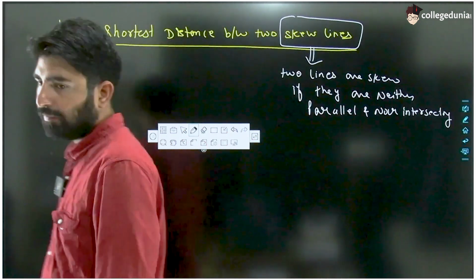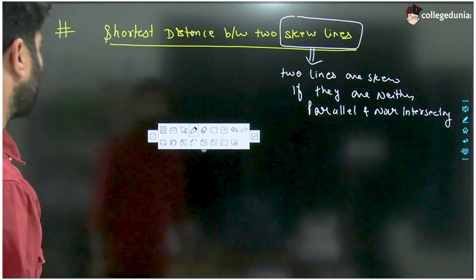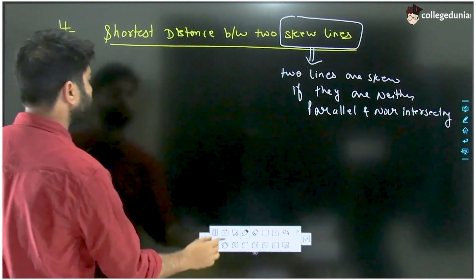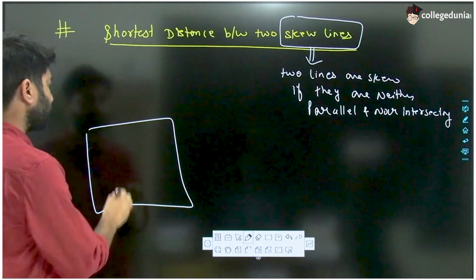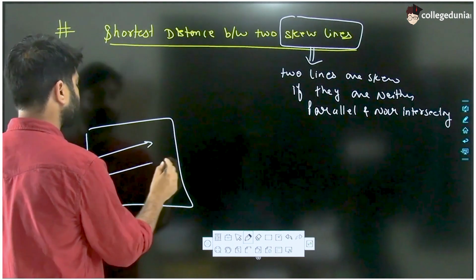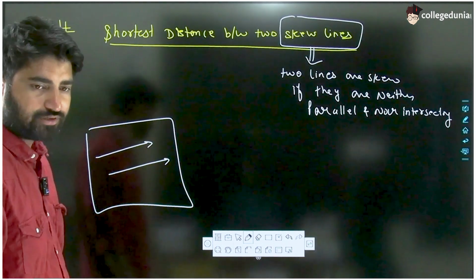If they are neither parallel nor intersecting. When we talk about 2D space, we know that two parallel lines never intersect each other, right?